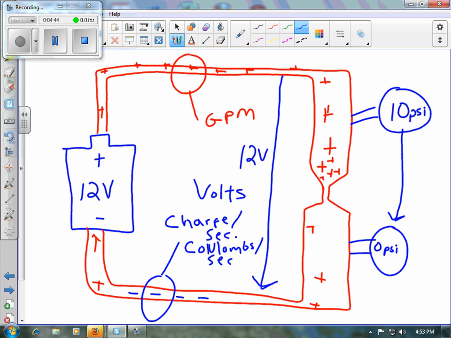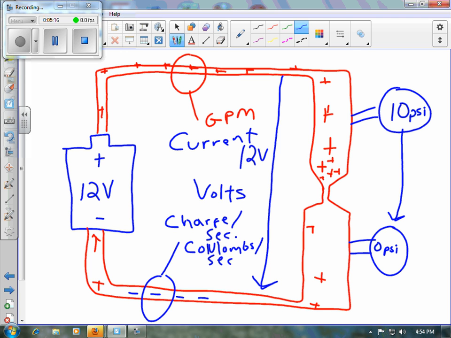So you're literally counting electrons, how many pass in a second, and that's your current. But it's got this factor because a coulomb is many electrons. Many electrons make up 1 coulomb. So 1 amp is 1 coulomb per second. And you can actually calculate how many electrons that is. So current is the amount of charge per second that's flowing in your tube.